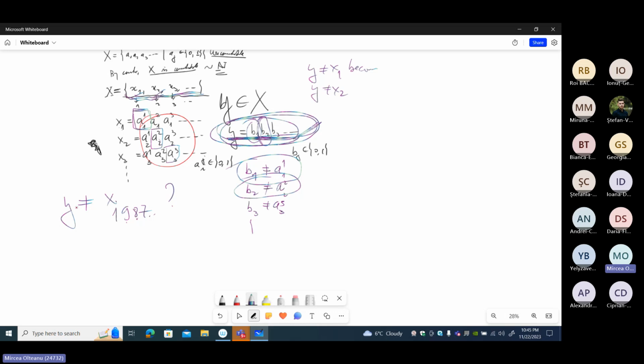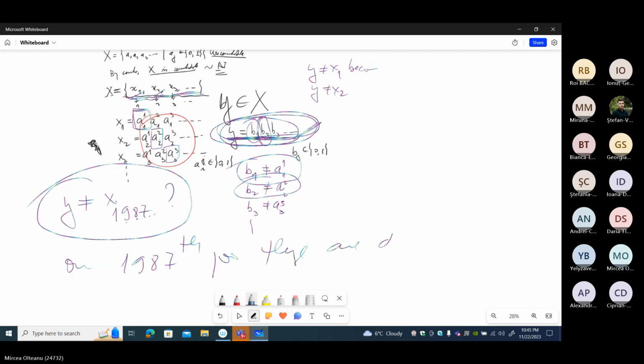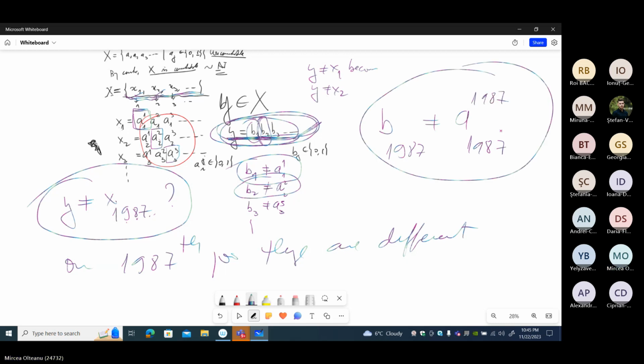What's the argument? Why are they not equal? Simply because on the 1987th position, they are different. Yes, because B1987 is different from A1987. Okay, so this is it.